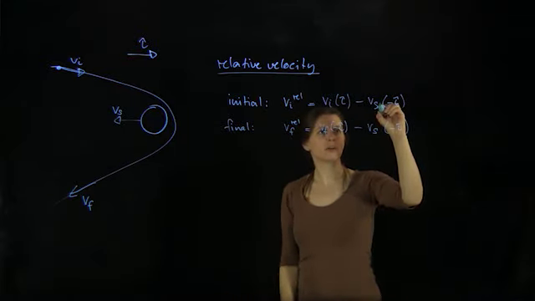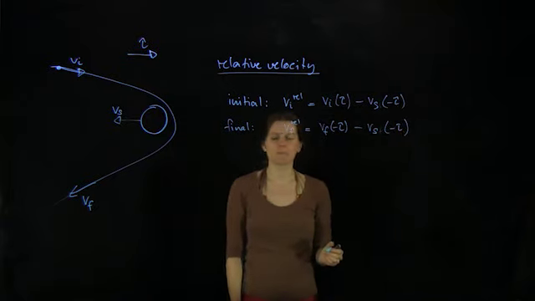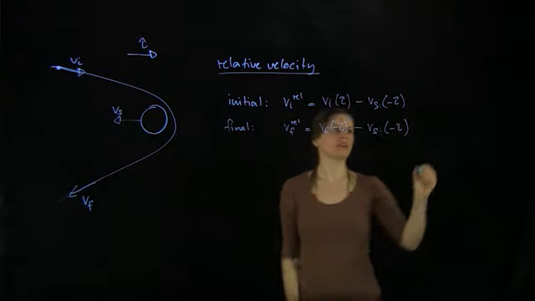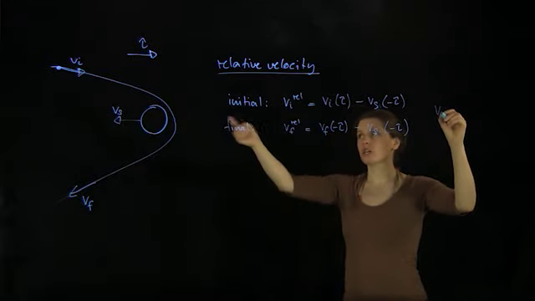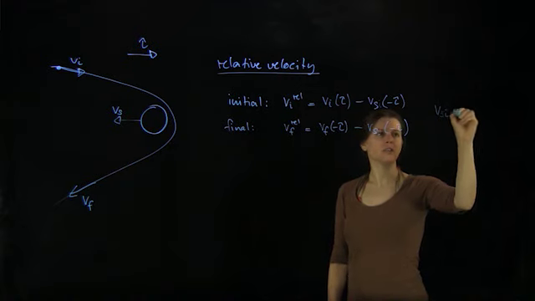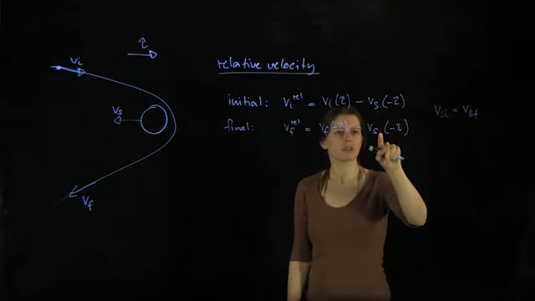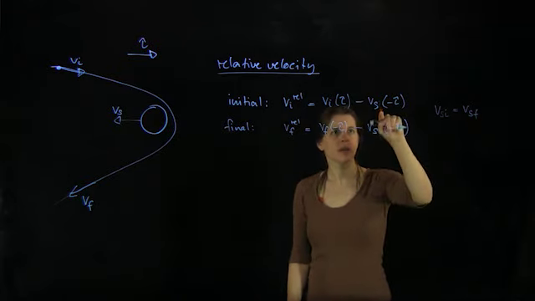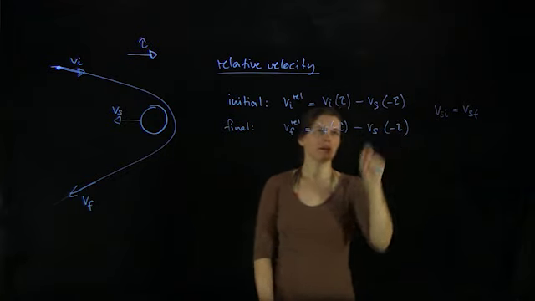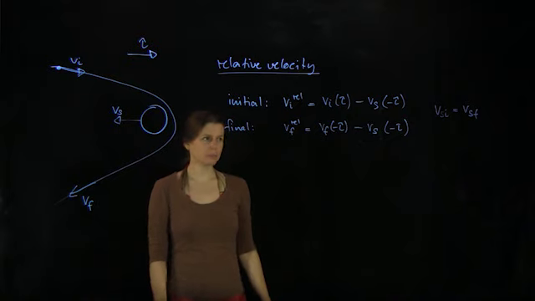This one is the initial velocity of Saturn, and this one is the final one. But because the mass of Saturn is so much larger than the mass of the spacecraft, we can set the initial velocity of Saturn equal to the final velocity of Saturn. So we can take this away and just consider one velocity of Saturn.